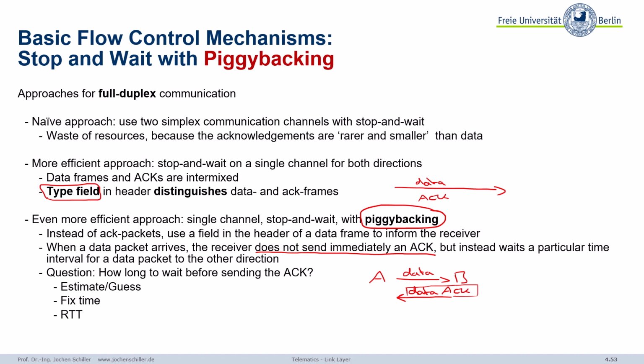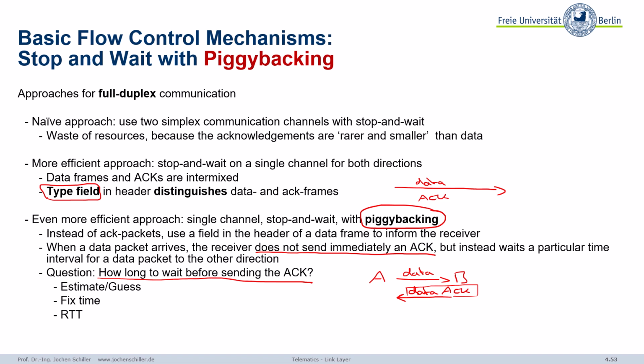Well, the question always is, how long do we wait before sending back the acknowledgement? If we always have to send data in both directions, that's no problem at all. But what happens if A wants to send a lot of data to B and B maybe from time to time sends some data, then maybe this is too long. We cannot wait that long.